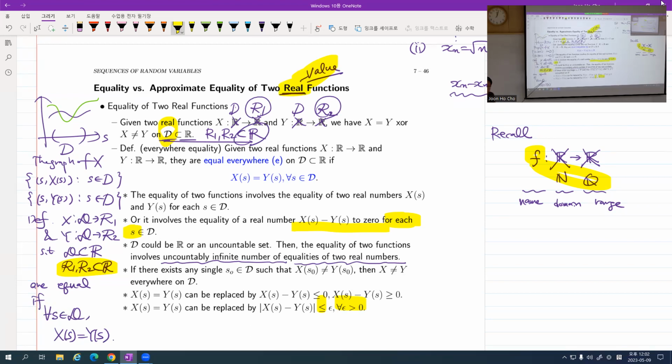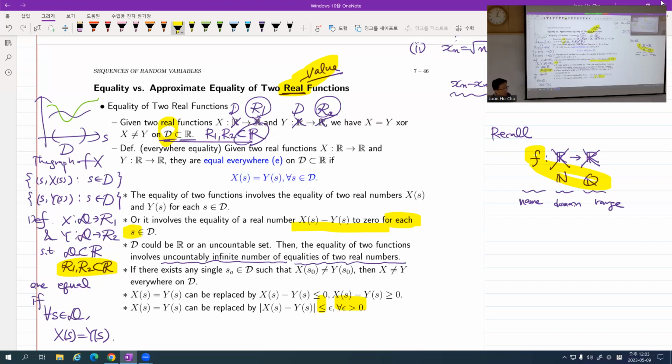But anyway, the reason why I initially talked about the equality of two real numbers is applied here for every S. For example, suppose S is an interval, a real interval like this. Then how many equalities of two real numbers do you need to verify, check? Uncountably, infinitely. Because you can replace this value S uncountably infinitely in order to enumerate every possible case, right?